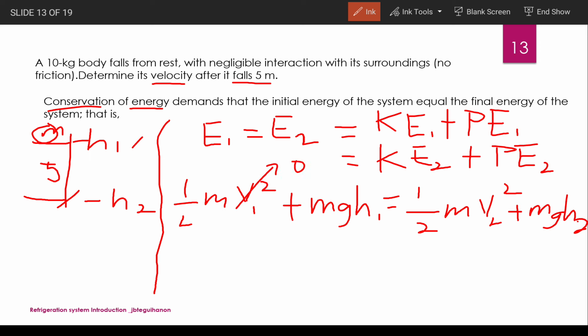You have no velocity when you start, right? That's why you're starting, right? And then the elevation here, pretty clear, is actually equal to 5, meaning h1 minus h2 is equal to 5, right?